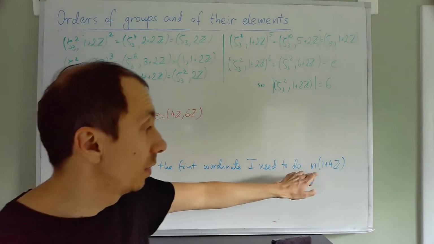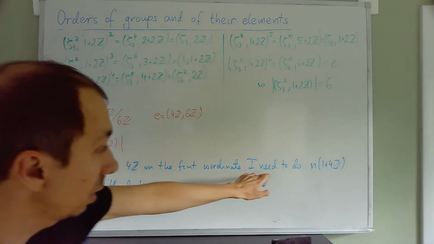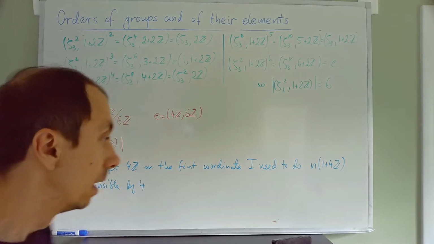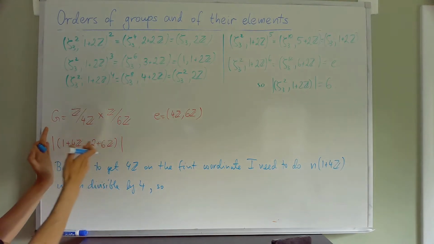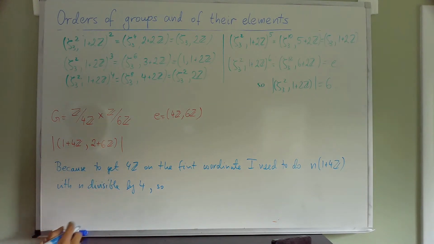Right? If n is not divisible by 4, I don't get 4Z here. So the only candidates that I can get the identity here are the multiples of 4.